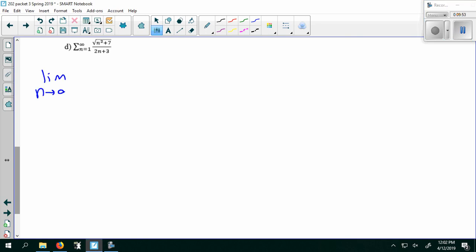as n goes to infinity of the square root of n squared plus 7 over 2n plus 3. When n is really, really big, this is equal to the limit as n goes to infinity of the square root of n squared over 2n.